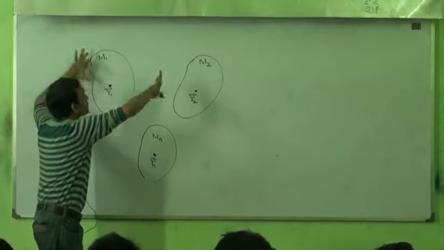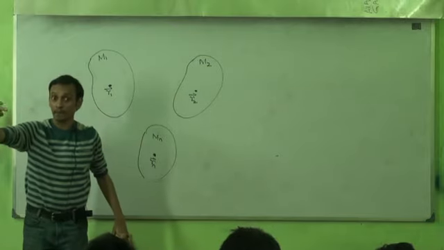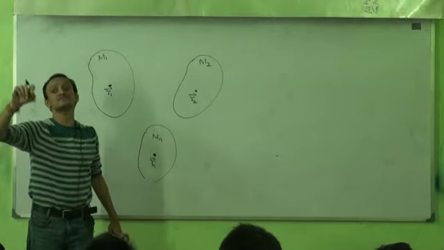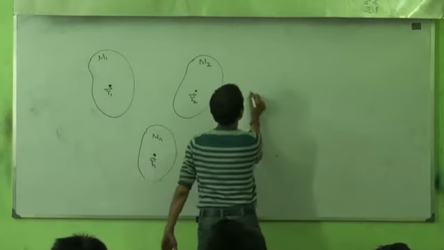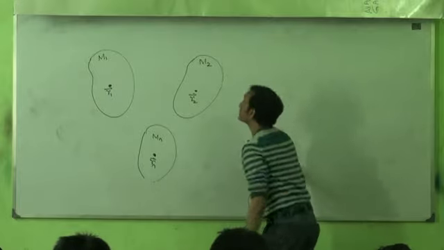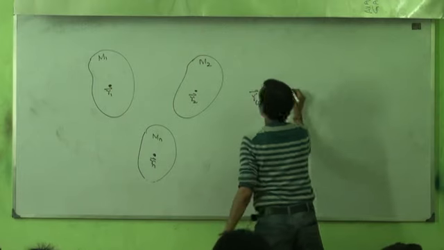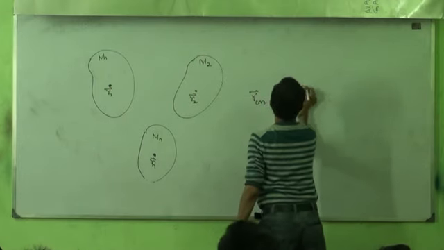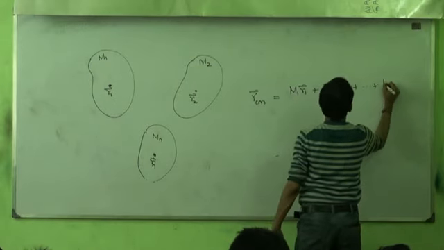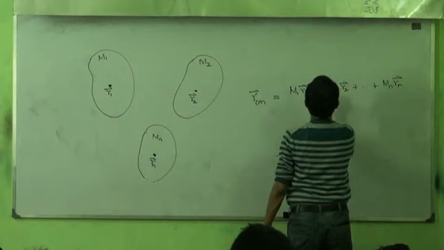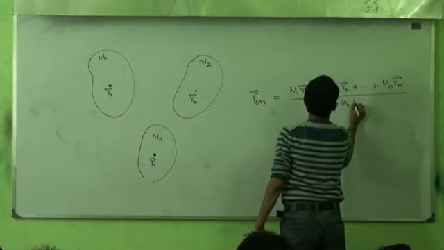This entire collection m1, m2, m3, mn can be replaced by one single particle having mass m1 plus m2 plus m3 plus mn at a point R_CM. The position vector of the center of mass of this entire assembly is going to be (m1 r1 plus m2 r2 plus mn rn) divided by (m1 plus m2 plus mn).